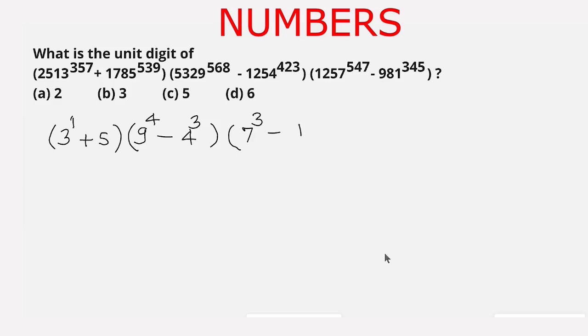So we write 1. This gives 3 to the power 1 is 3, plus 5 is 8, multiplied by 9 to the power 4 is 1. As we know, when 9 has an odd power, it is 9, and when the power of 9 is even, it is 1.